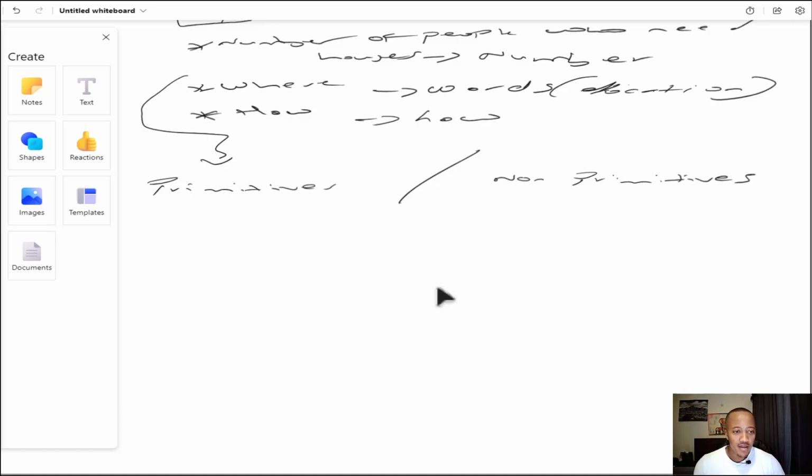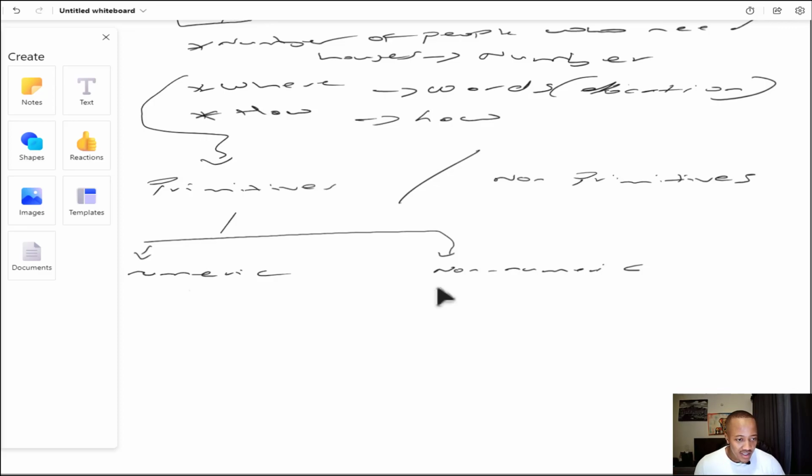Then the primitives are grouped into two. We have numeric and non-numeric.